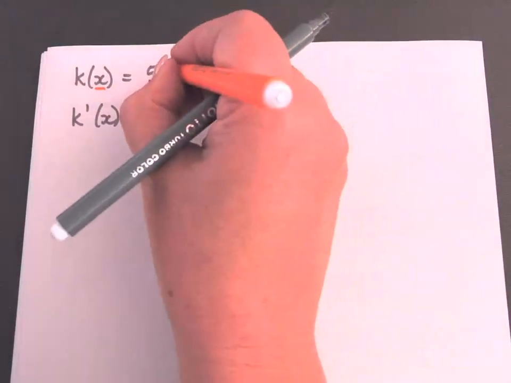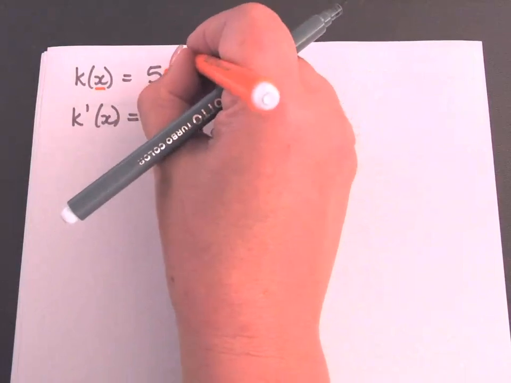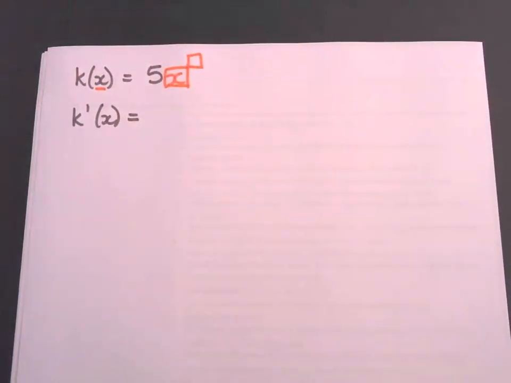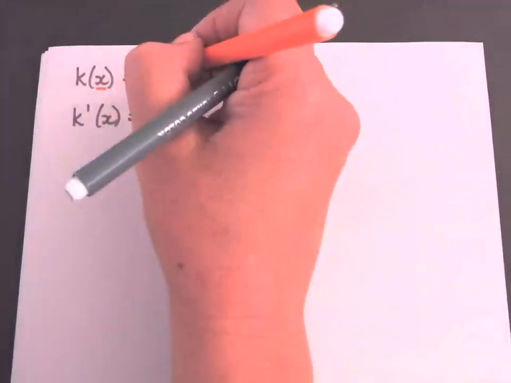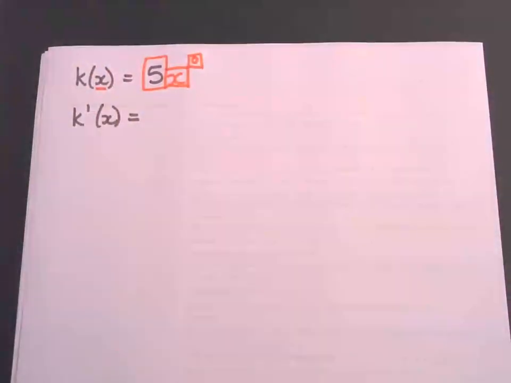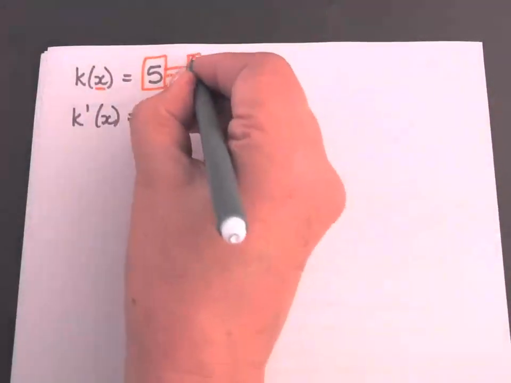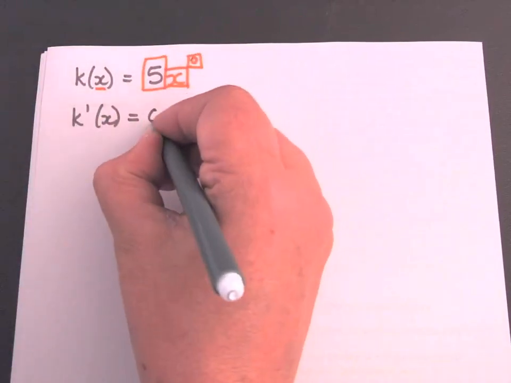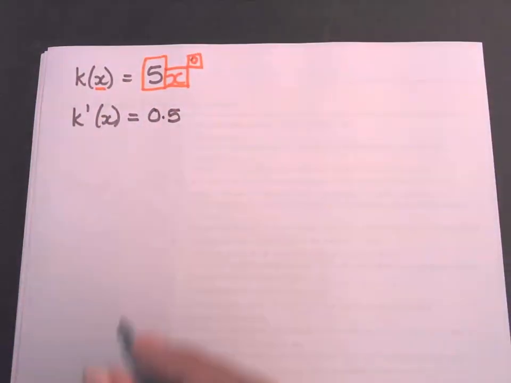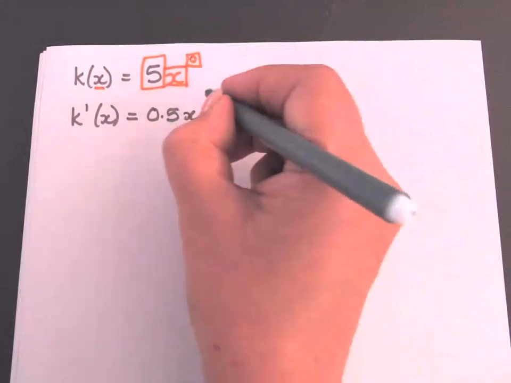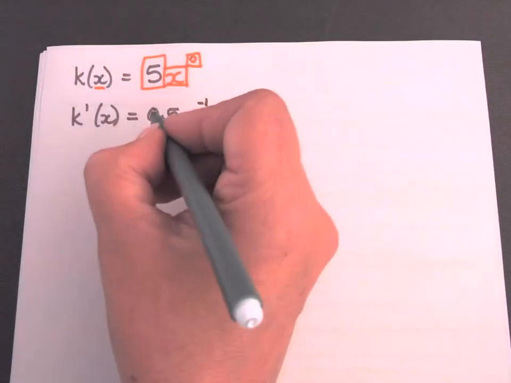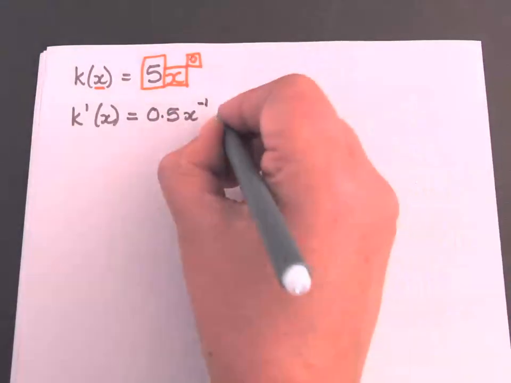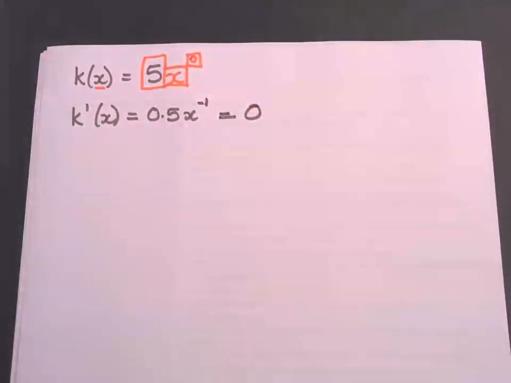But what will this x have as an exponent? 0. And I need a coefficient. So now I take this exponent to the front, multiply it with 5, and you make the 0 one less. But 0 times anything is 0.